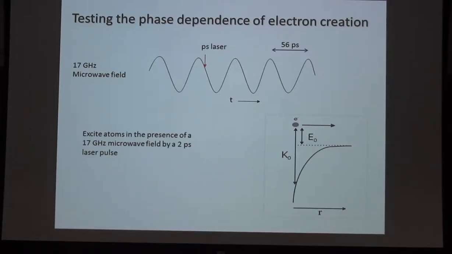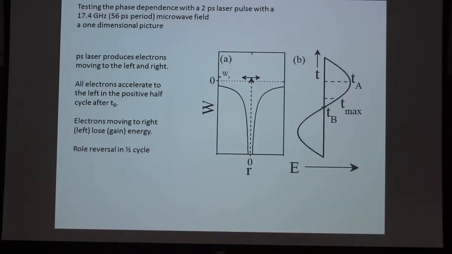That's the same as the simple man's picture. And so we've excited atoms in the presence of a microwave field with a 2 picosecond laser pulse. The microwave period is 56 picoseconds, so the 2 picoseconds is still short by comparison.